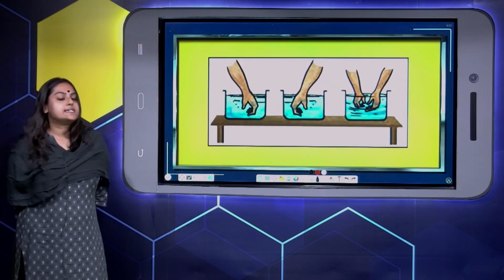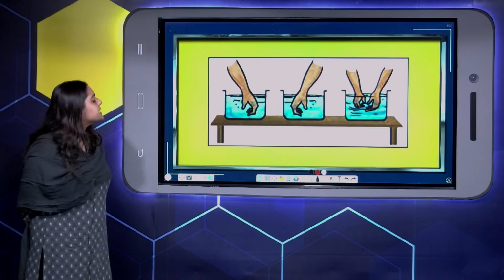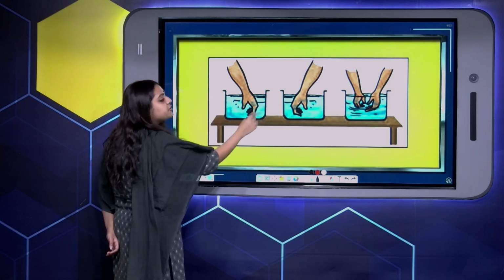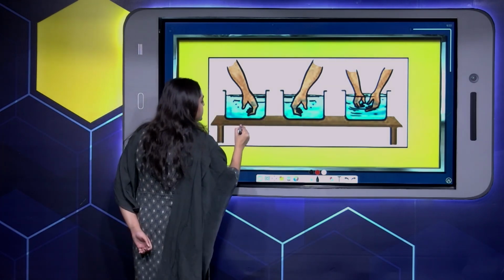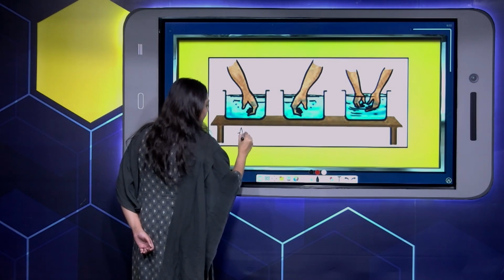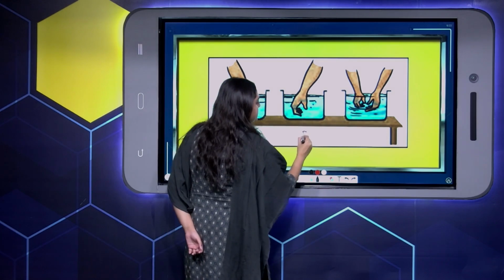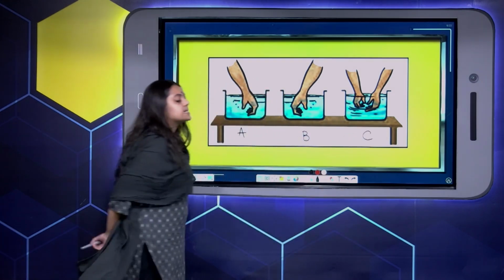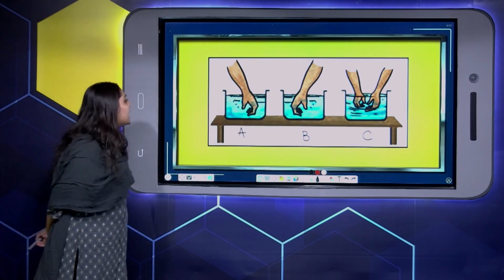Okay, so this is an experiment. What is the experiment here? We see there are 3 beakers, right? We name this beaker as A, the second beaker as B, and the last beaker as C, right?